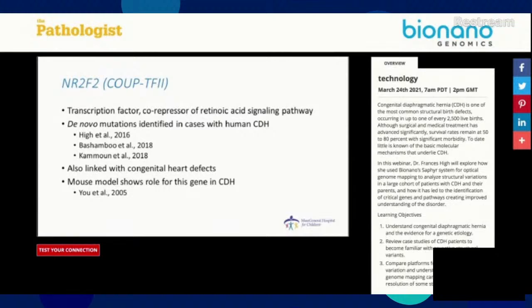So now, by being able to study structural variation and showing a structural variation that also involves the same gene, it really adds an additional level of support for this being a true pathogenic CDH risk factor. This gene is also linked with congenital heart defects, and there is evidence from a mouse model that shows a role for this gene in CDH.